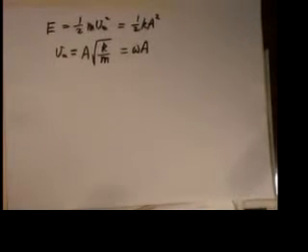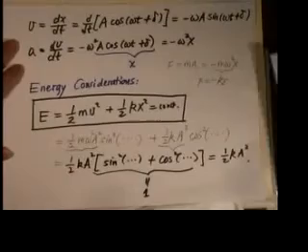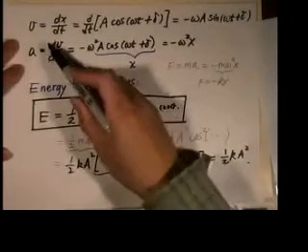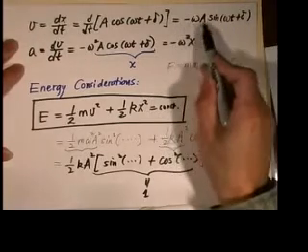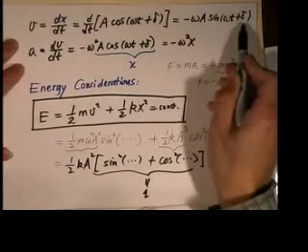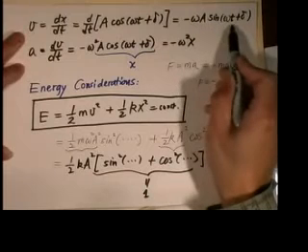Does that agree with a direct calculation with v equals dx/dt? Well, let's see. Let's put in the previous slide. You see here, this is the speed at any time. It's a function of time: negative omega A sine of omega t plus delta. Now, we're looking for the maximum value of v. That happens when the sine function becomes maximum, right?